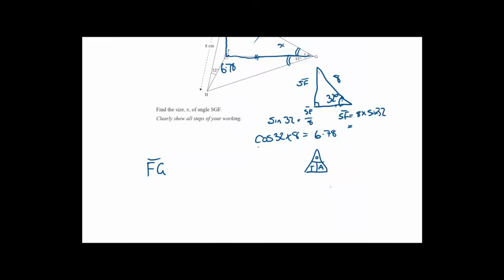We've got the opposite side and we're looking for the adjacent side. So it's going to be the opposite side divided by tan of 43. The opposite side, which is 6.78, which we just worked out, divided by tan of 43.